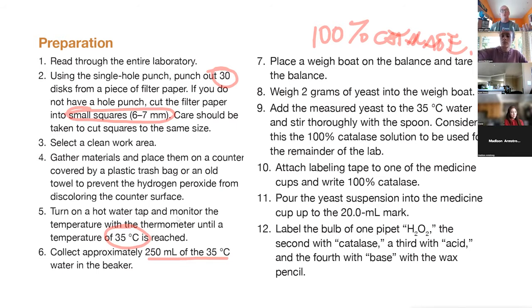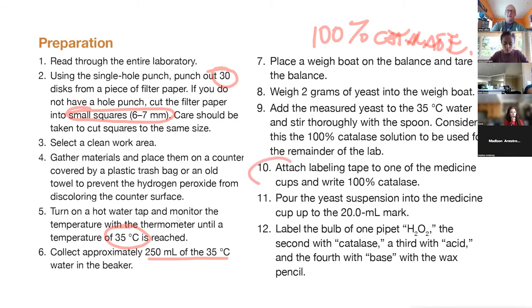Because like most enzymes, most proteins, if you leave them at a high temperature for too long, they start to unravel and they lose their ability to catalyze reactions. So proteins don't stay the same forever. You need to make a fresh solution if you want maximum yield, if you want them to work at the maximum amount.